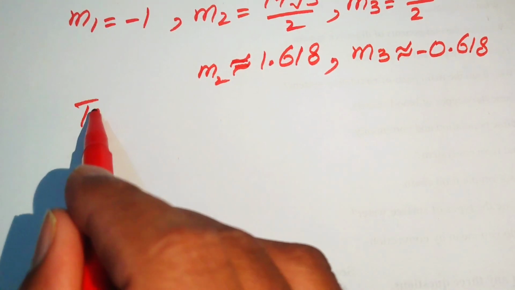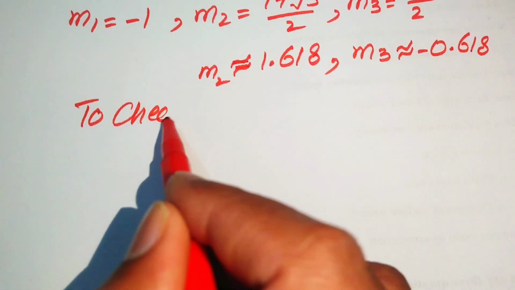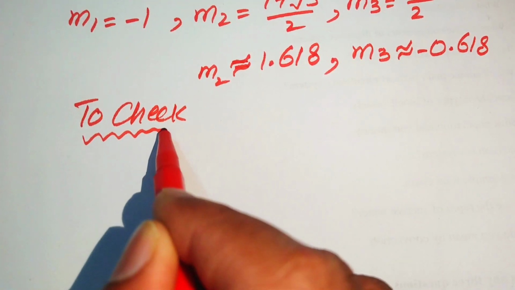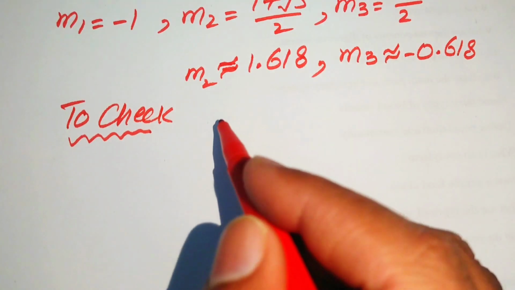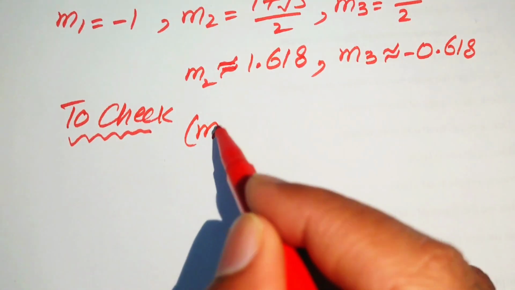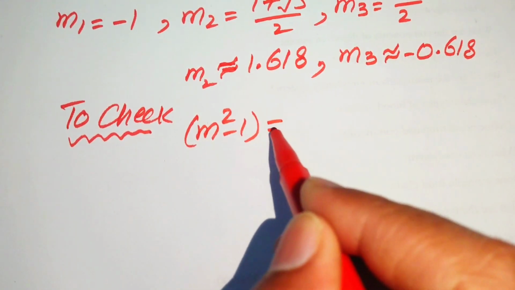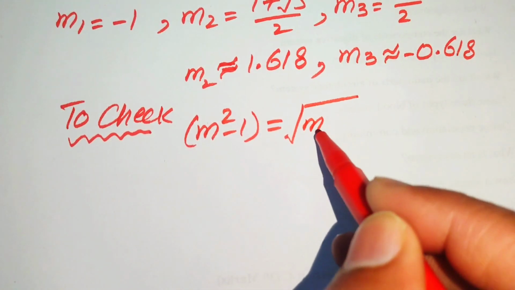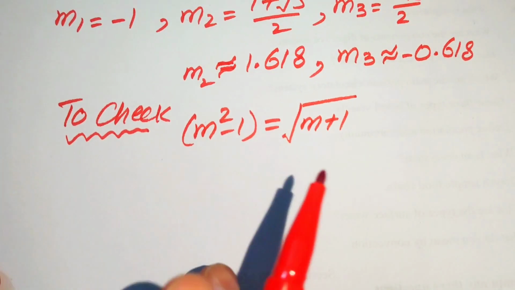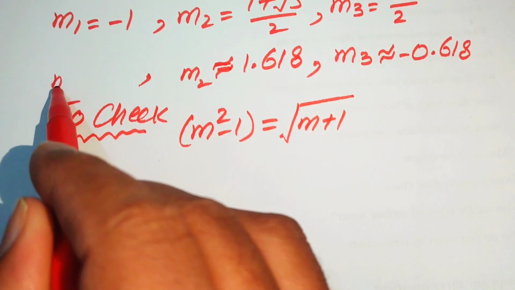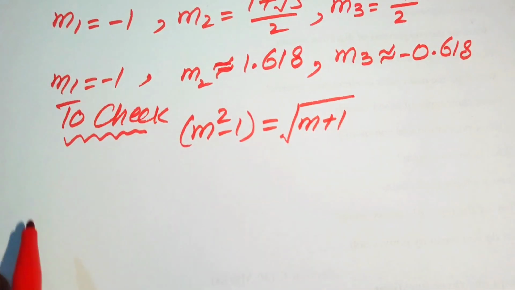To check these roots, we first copy down the given equation: m squared minus 1 equals square root of m plus 1. First we substitute the value of m1 equals minus 1.